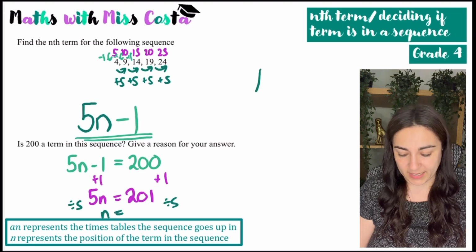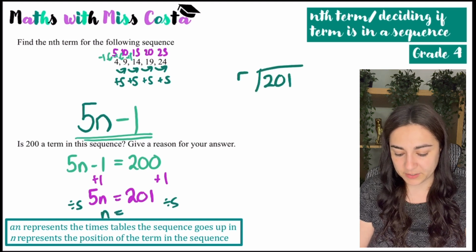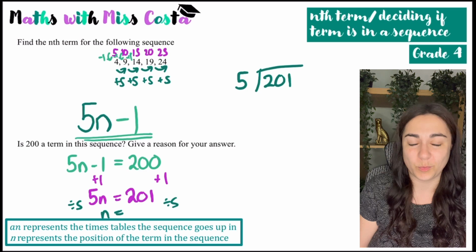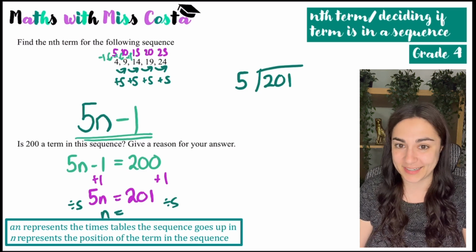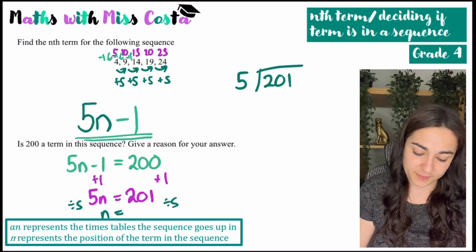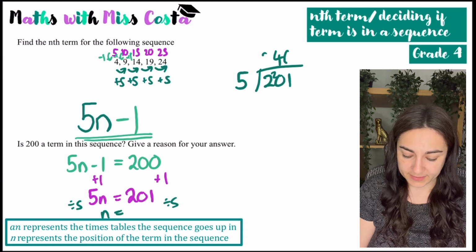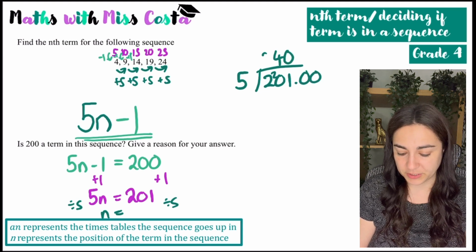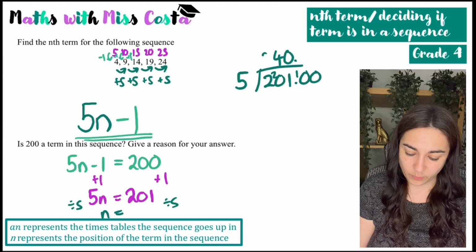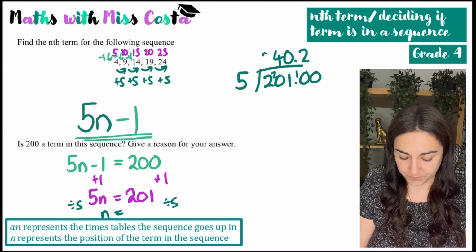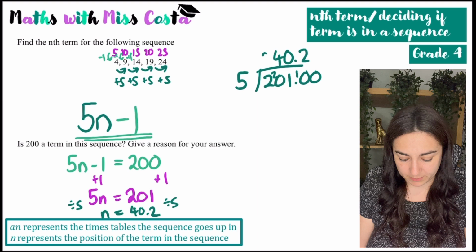If it's a non-calculator paper, use the bus stop method. You know already it's not going to be an integer, but just to prove it, 5s into 2 don't go, 5s into 20 go 4, 5s into 1 don't go, so we put zeros, with a remainder of 1, and 5s into 10 go 2. So that would be 40.2.